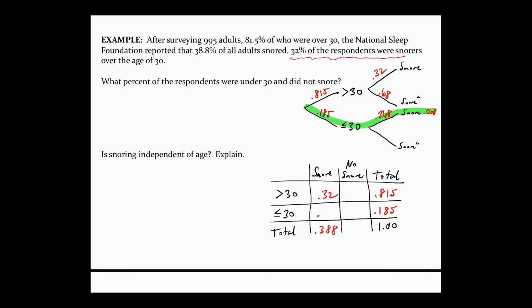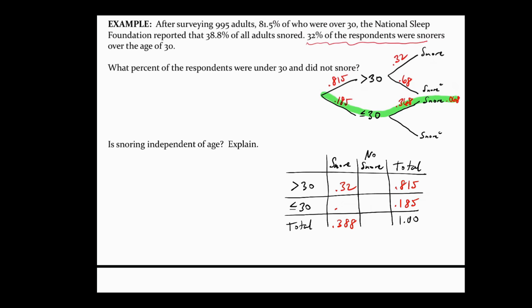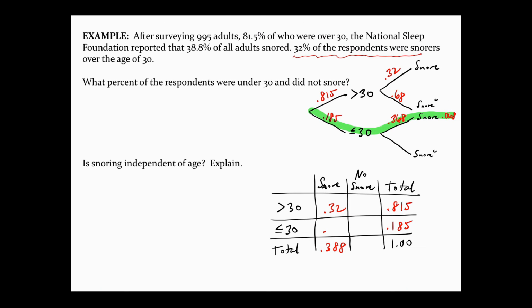Yeah, let's try it of. So what's 32% of 0.388? 0.388 times 0.32 is 0.124.